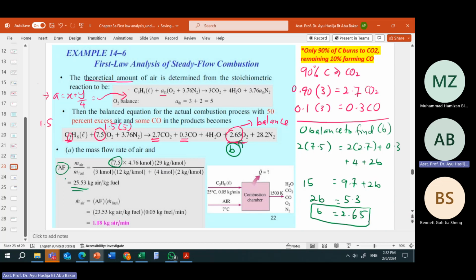Once you get the AF, plug it into the initial equation, then you can get the m dot air. So this one tadi tu yang AF, m dot air over m dot fuel. m dot fuel is given, 0.05.